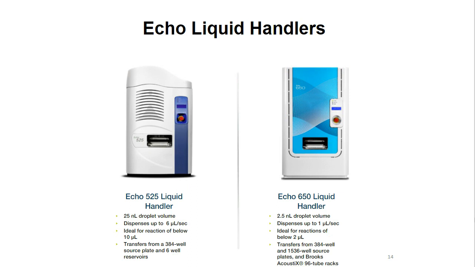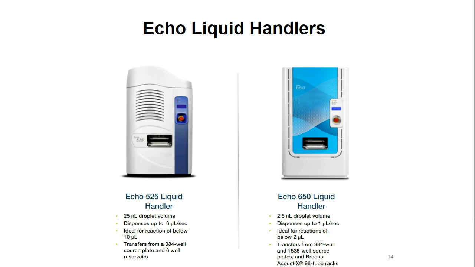It is 25 nanoliters in the case of the Echo 525 and 2.5 nanoliters in the case of the Echo 650. The speed of dispensing for the Echo 525 is up to 6 microliters per second, while it is up to 1 microliter per second for the Echo 650.